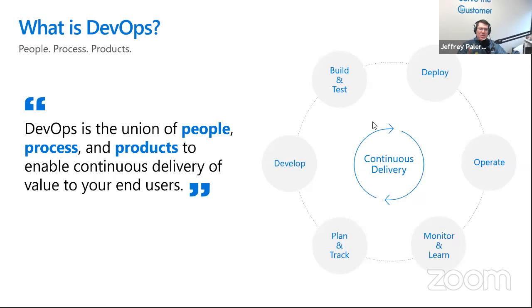But then the monitor and learn is so important in the DevOps process, because we have to get all the way around so that we can learn if that change was in fact a good thing to do. Because if we have a 2/3 chance of it not being a good thing to do, we need to take it out, we need to change it.